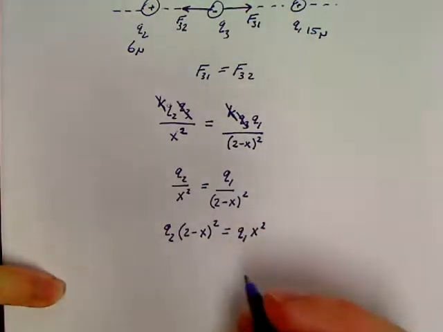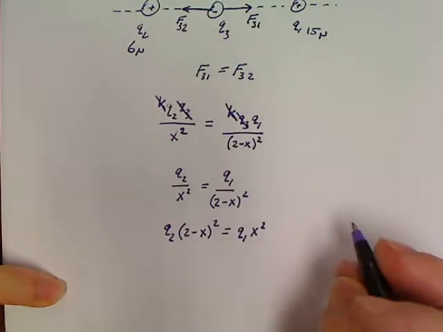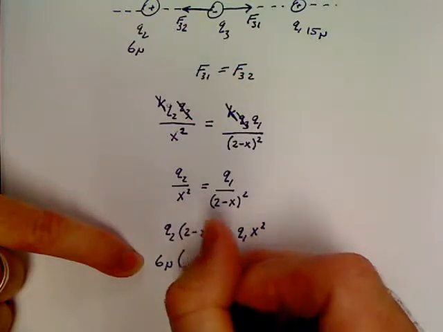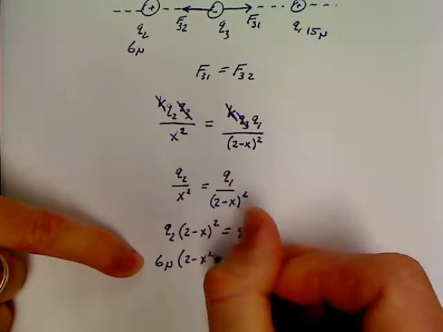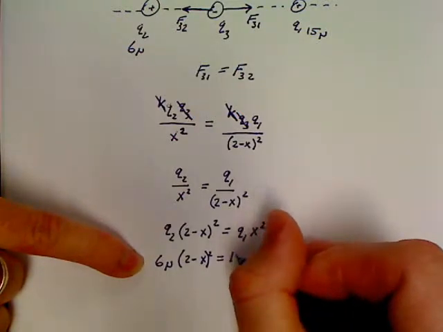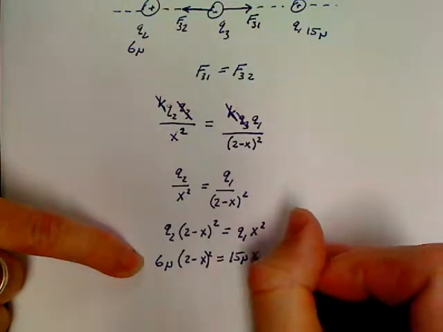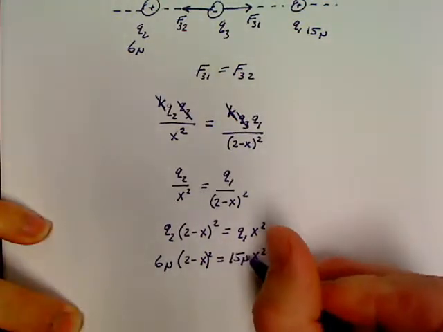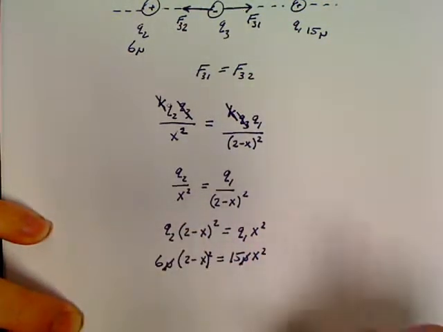So now, I'm going to go ahead and plug in my values. I want you to look at this. Q2 is 6 micro, times 2 minus x squared, equals Q1, which is 15 micro. And what's nifty about this is the fact that even the micros cancel.